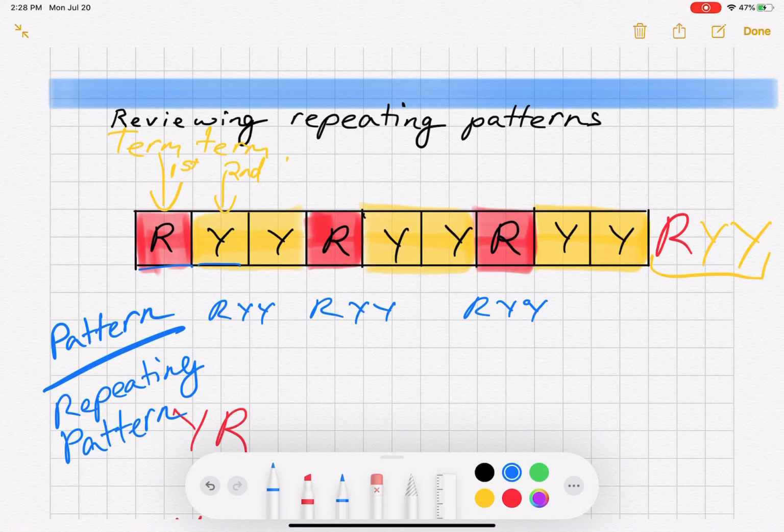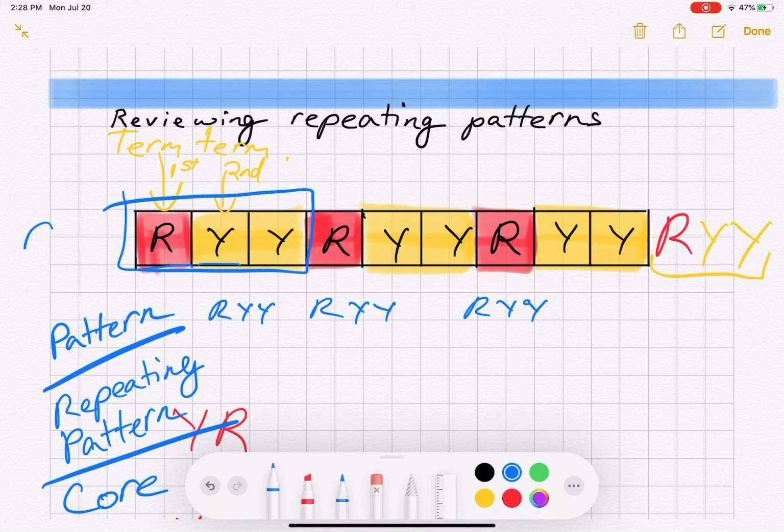And the part that repeats, so the part here that is repeating, is called the core. So right here, that's the core of the pattern.